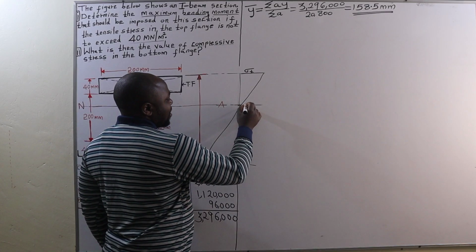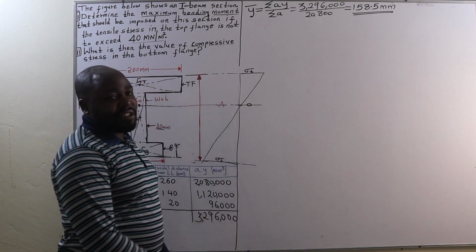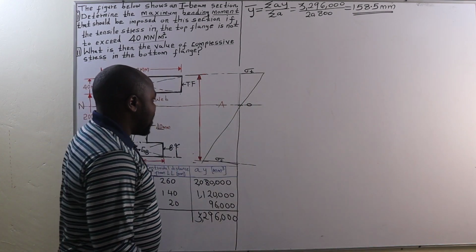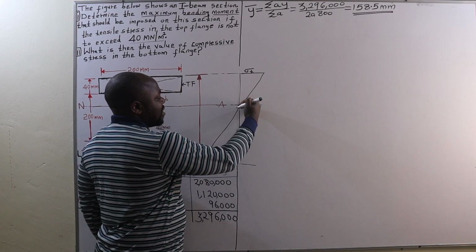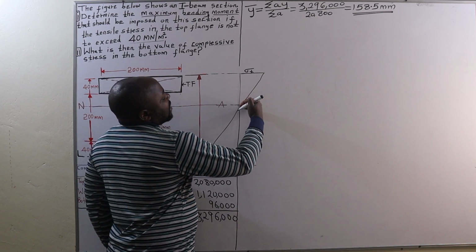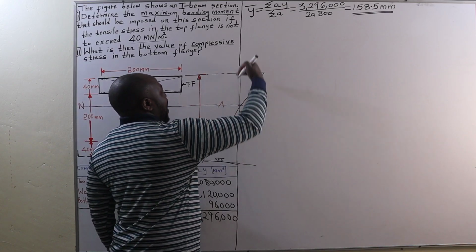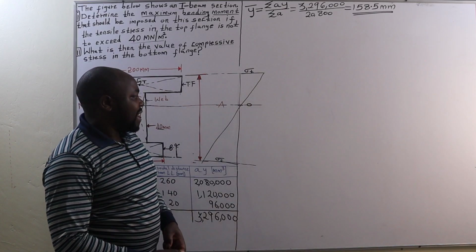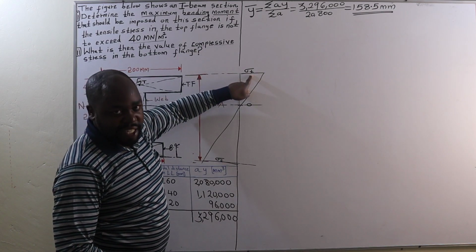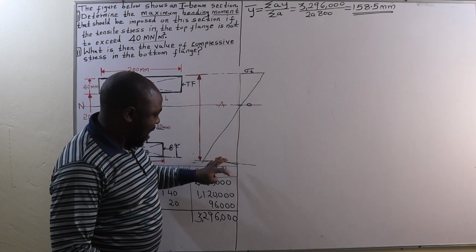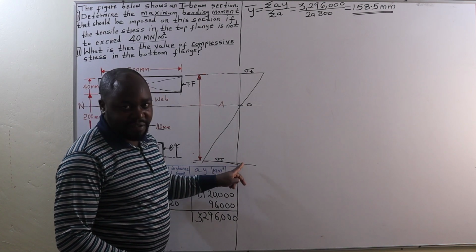At the neutral axis we have zero stress. Stress increases downwards from the center of gravity and also increases upwards from it. The top fiber is subjected to tensile stress and the bottom fiber is subjected to compressive stress.